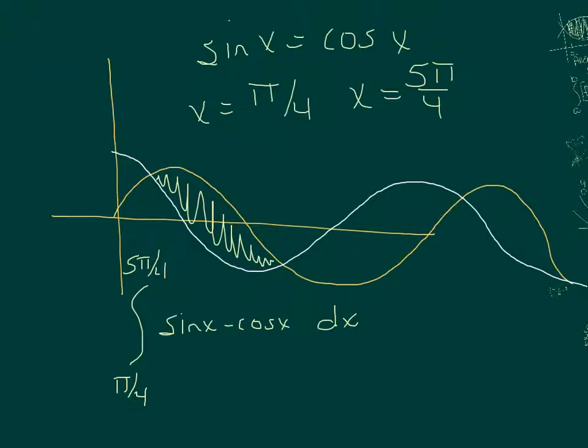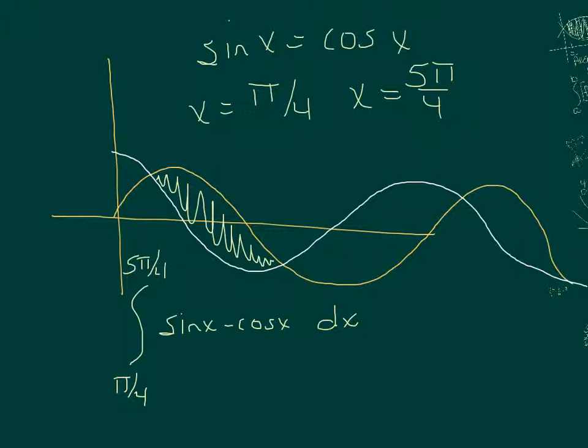Okay, we're looking at the sine of x and the cosine of x. We saw that there are several regions that have an equal area, and we are looking at the shaded area and we have to determine where those are equal.